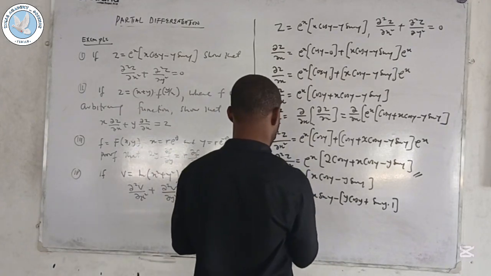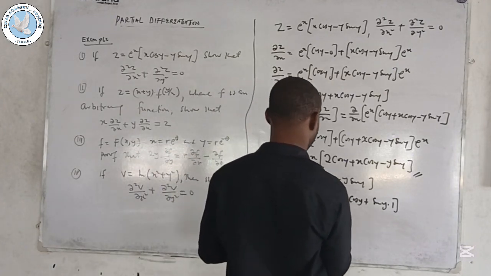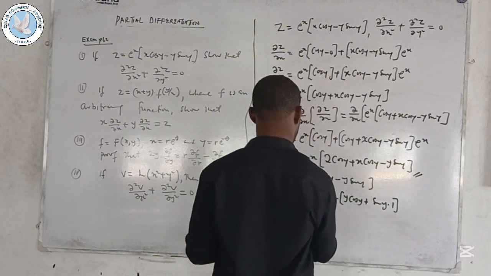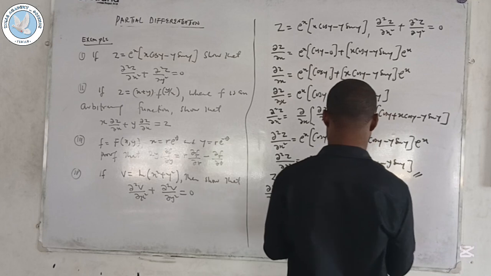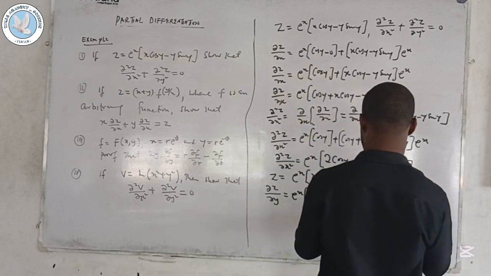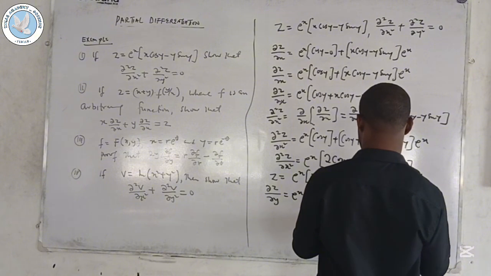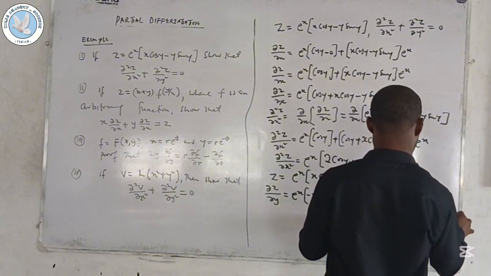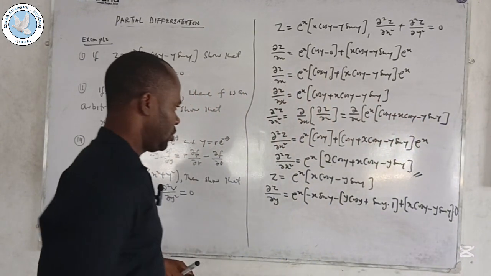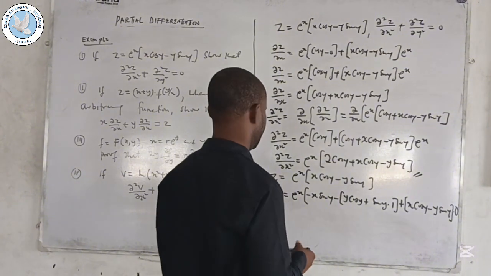So we have that exponential x, so plus we keep this cos y, sine y multiplied with 0 because exponential x is constant.